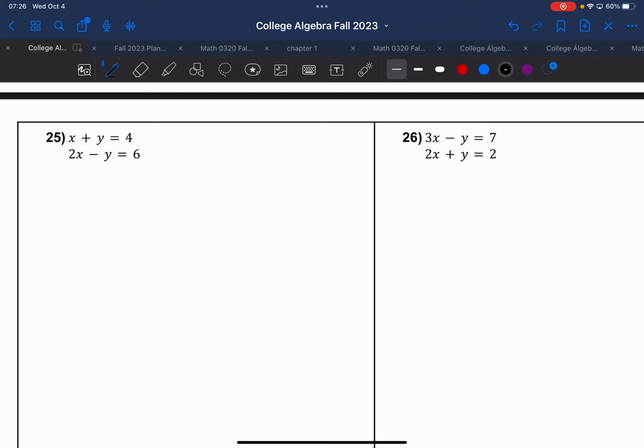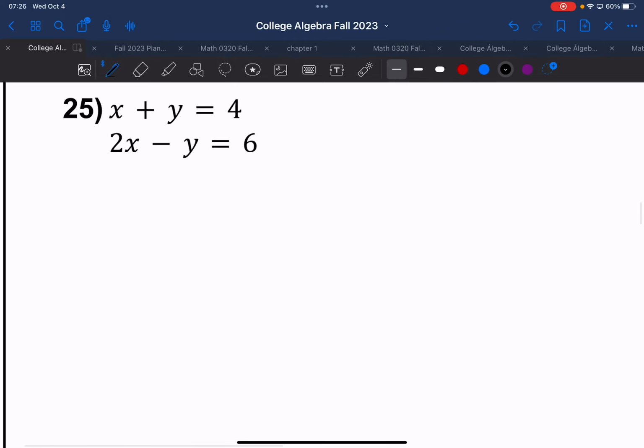So for example, in number 25, notice how we have a positive y and a negative y. So if I was to add these equations down, what would happen with the y's? They would cancel. Okay? So that means I already have x by itself once I'm adding down.